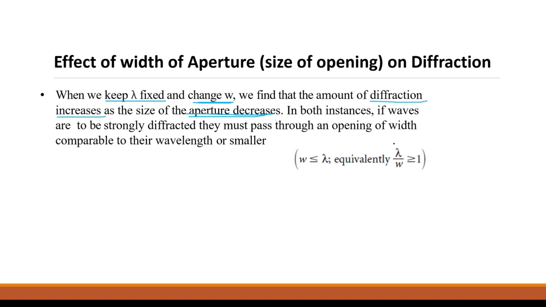In both instances, if the waves are to be strongly diffracted, they must pass through an opening of width comparable to their wavelength or smaller. So we have the situation of the width of the aperture is less than or equal to the wavelength, or equivalently comparing the ratio of wavelength to aperture width. If we have that greater than 1, then we can experience some strong diffraction.